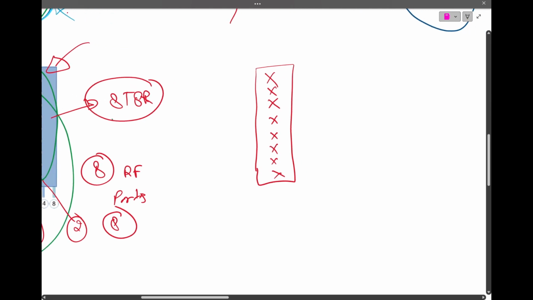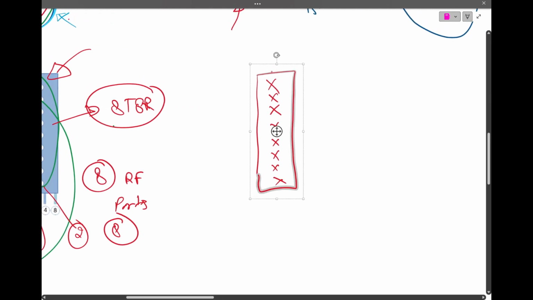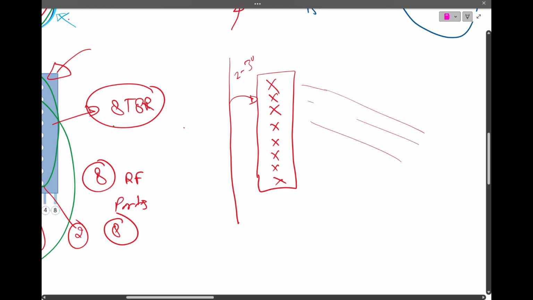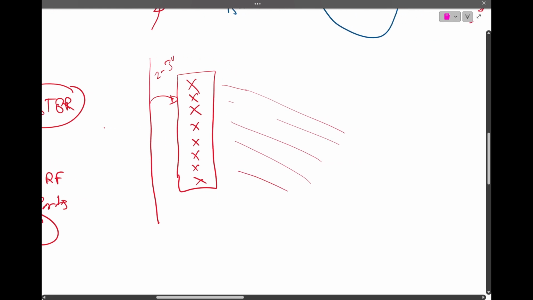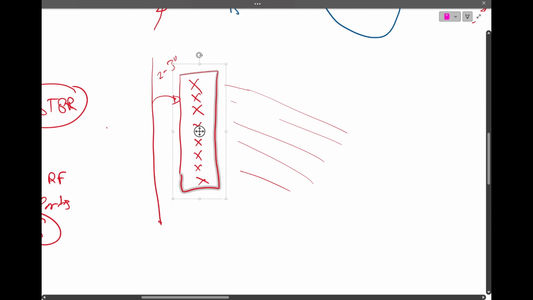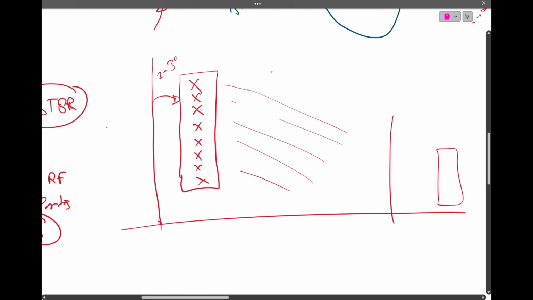This is because first we have a down tilt, from a plane, of let's say 2-3 degrees, so that the orientation is towards the ground. Now let's say this is the ground level, and we have different buildings, people living here and all.